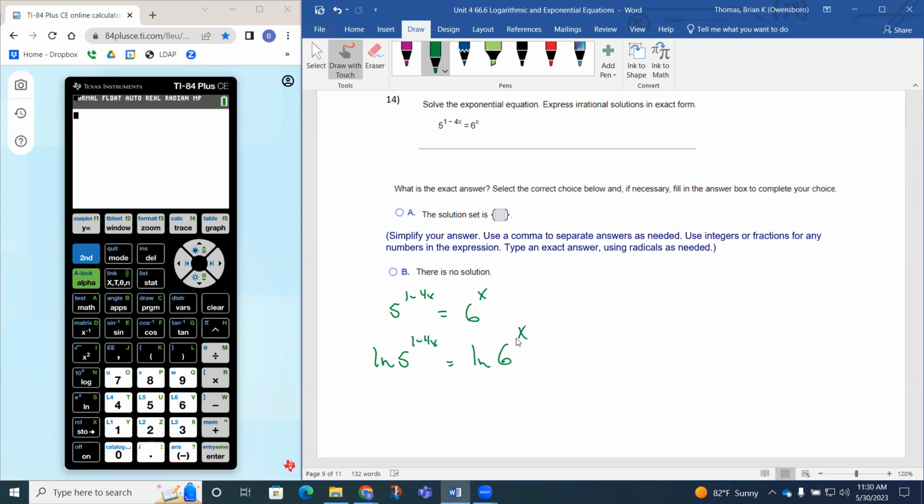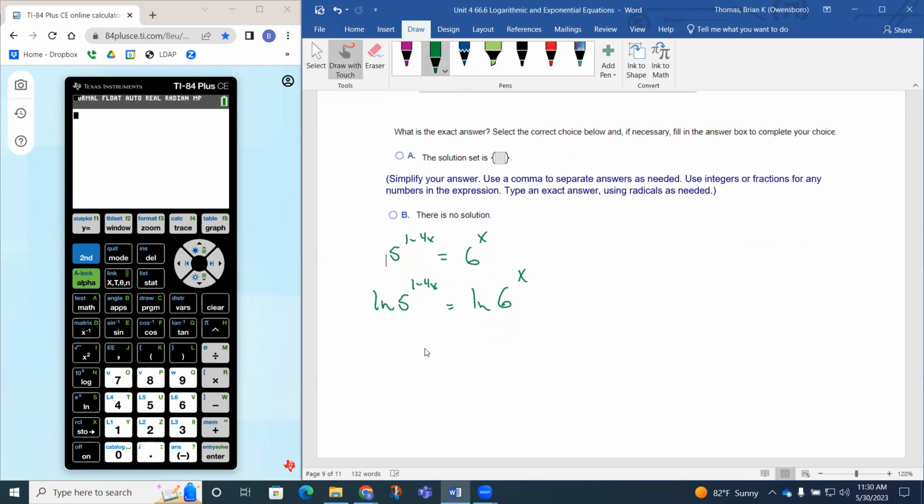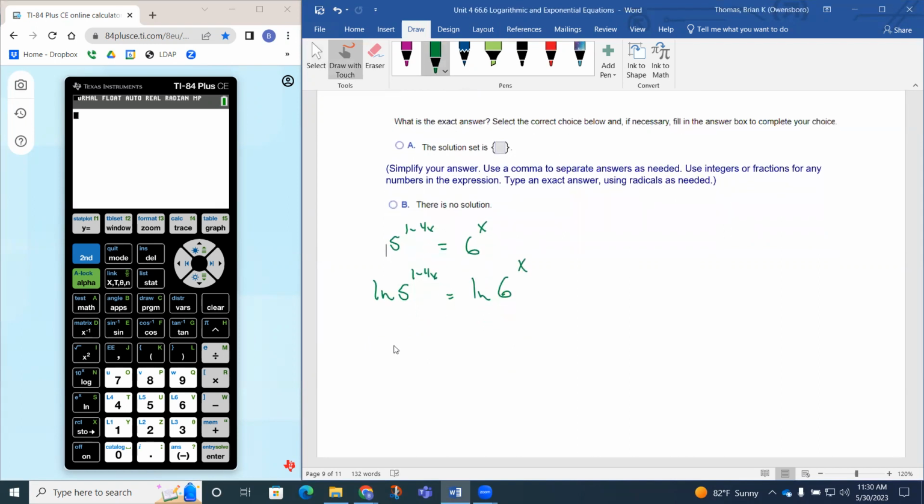Now we can actually apply the properties of logarithms. So this exponent 1 minus 4x can come down as a coefficient. So we have now this 1, I'm going to have to put in parentheses, 1 minus 4x in parentheses times the natural log of 5. And then this x comes down as a coefficient. So this whole quantity is multiplied to the natural log of 5.